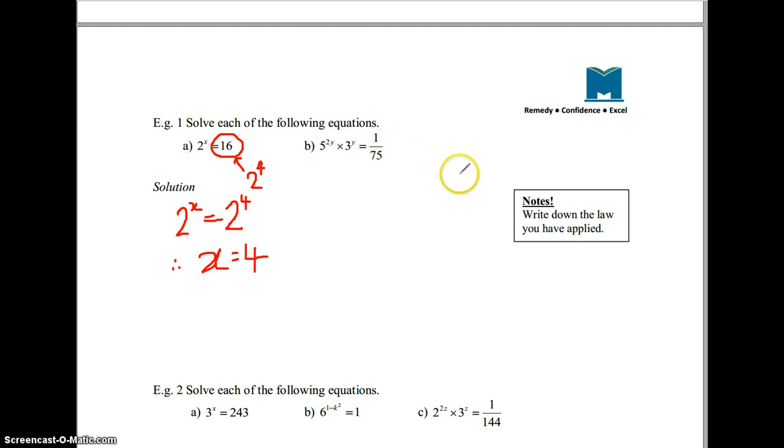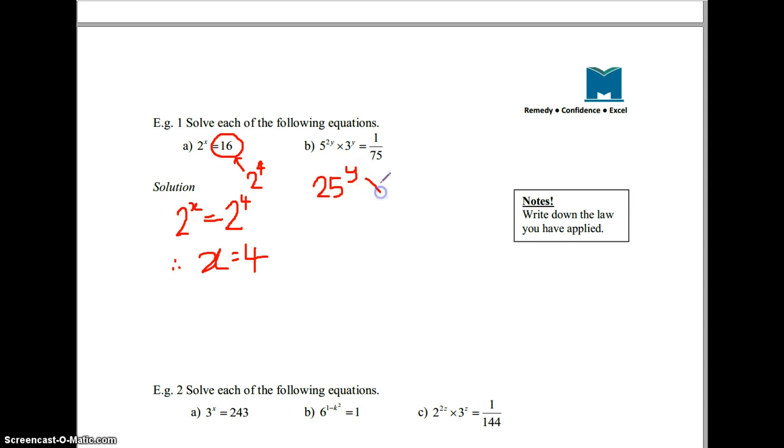5 to the power of 2y times 3 to the power of y is equal to 1 over 75. Okay, so if you look at this, 5 to the power of 2 is basically 25 to the power of y.